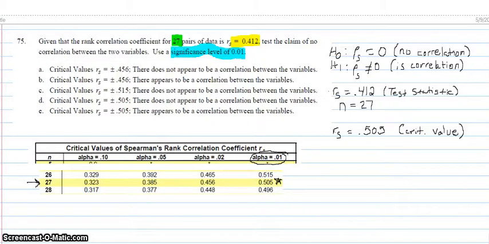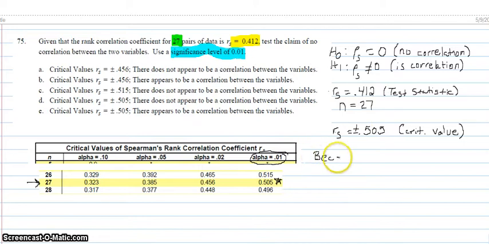Because your critical value is 0.505, there does not appear to be a correlation between the variables. So we're going to fail to reject the null hypothesis because R of S is between the negative and positive critical values. We should put plus or minus up here.